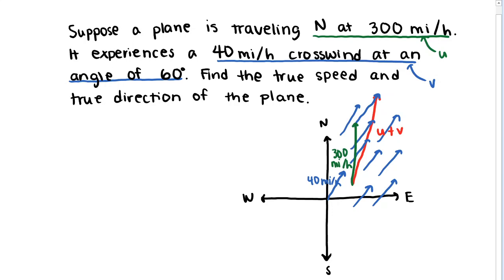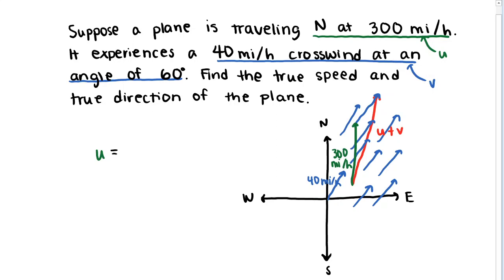So let's start getting component forms of our different vectors, and let's add them together to get our u plus v vector. So here, u is our plane. I'm going to write this in component form using i and j, which are basic vectors of length 1.